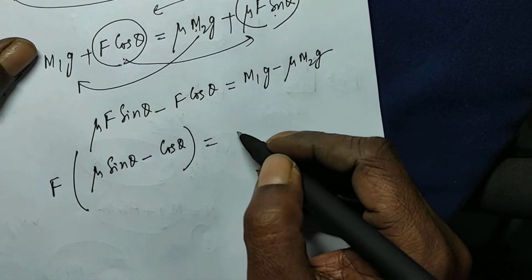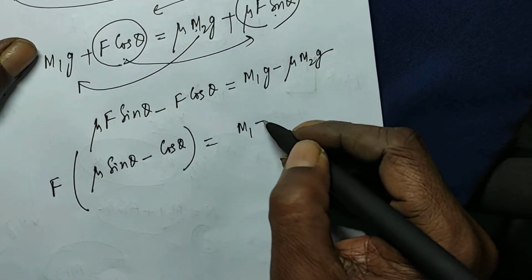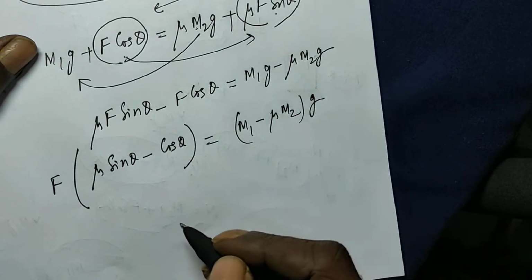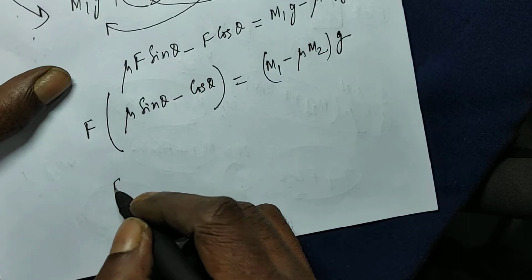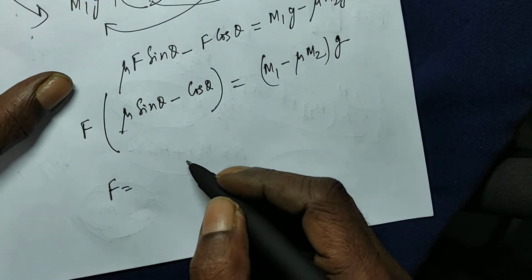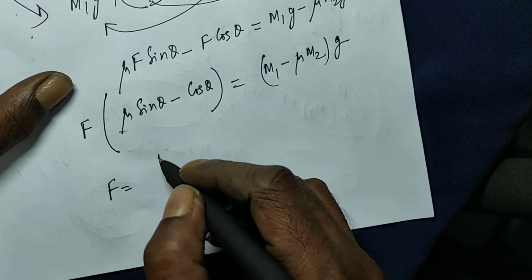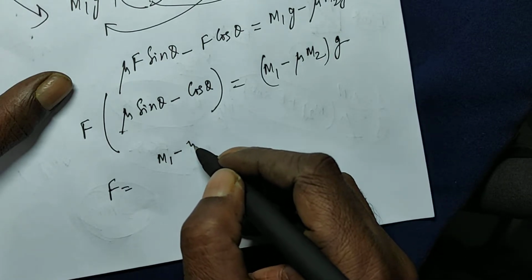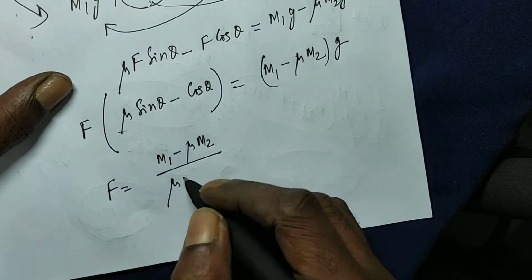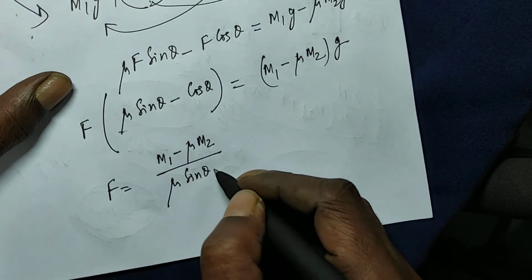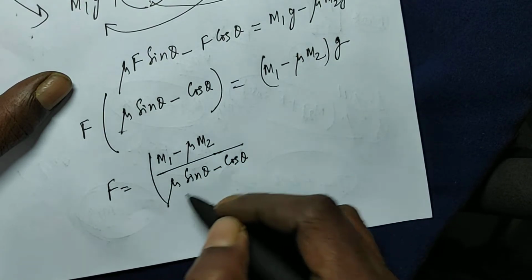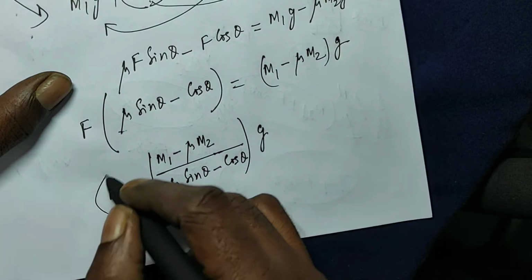If you take g common, so m1 minus mu times m2 times g. So your F becomes, this was multiplied here, so it will go to the other right hand side will be divided. So m1 minus mu times m2 over mu sin theta minus of cos theta whole into g.